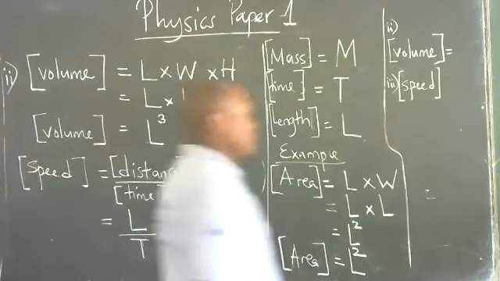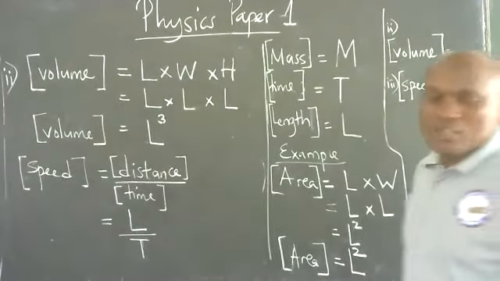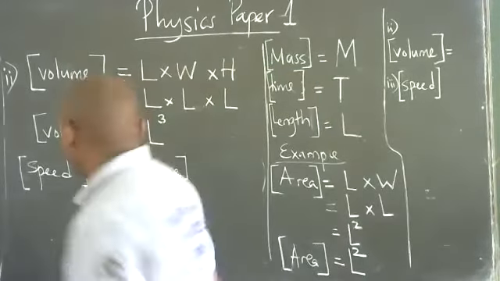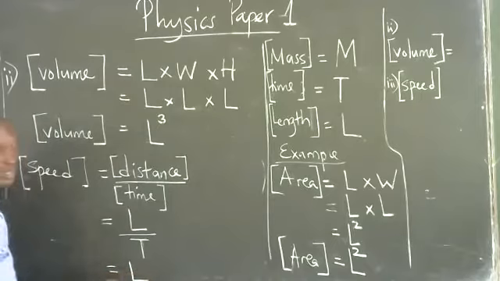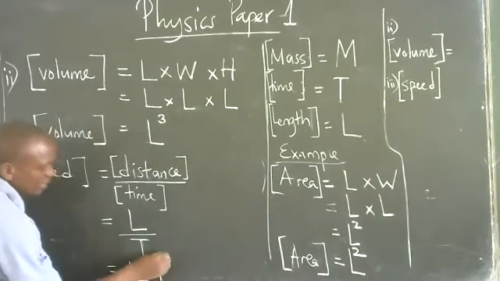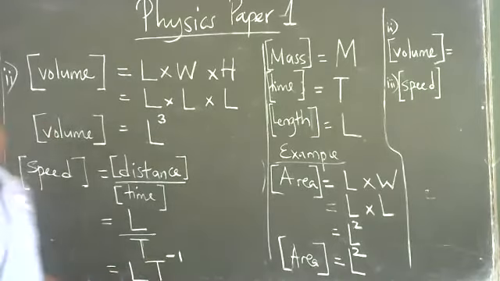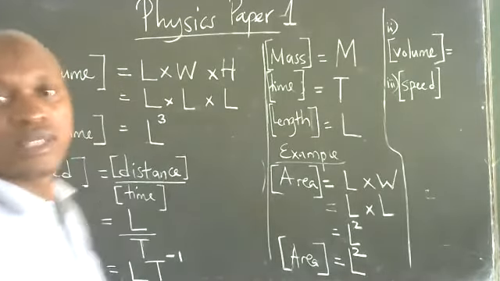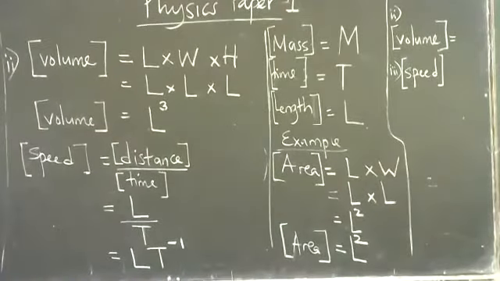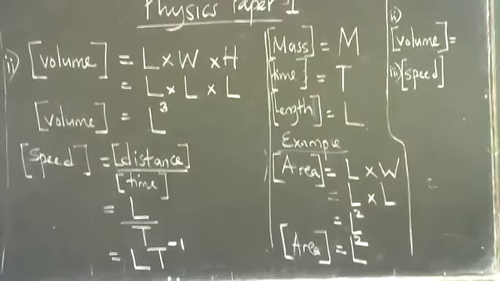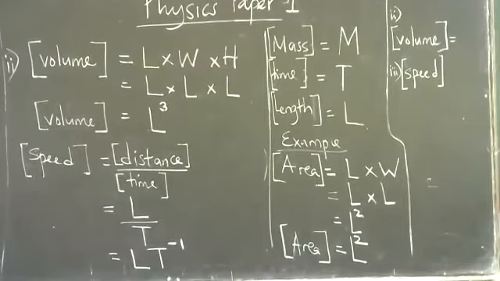Do you agree that this expression can be written like this? You can write it as L T to the power negative 1. Do you agree with that? Yeah. That we can write this one as LT^-1. Yes. This is how we shall always present our answers. When they ask you to get the dimensions of a quantity, you do like this.